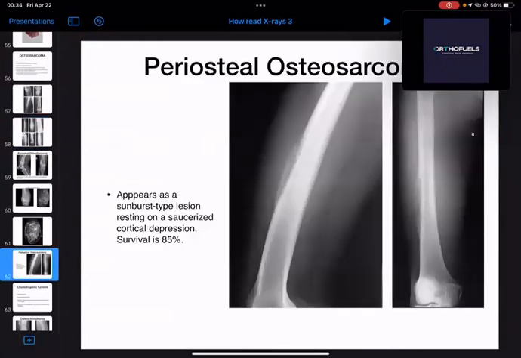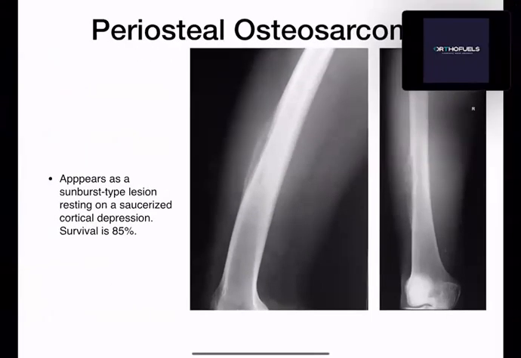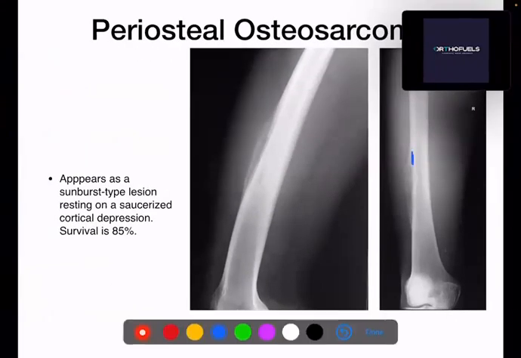Periosteal sarcoma comes from the periosteum. Here notice it's like a Codman triangle, and the periosteum is elevated. This is all periosteum. If you see the periosteum thickened and calcifying, and notice also it's going into the bone, this is the tumor reacting to the bone, affecting the bone, and the bone trying to contain the tumor.